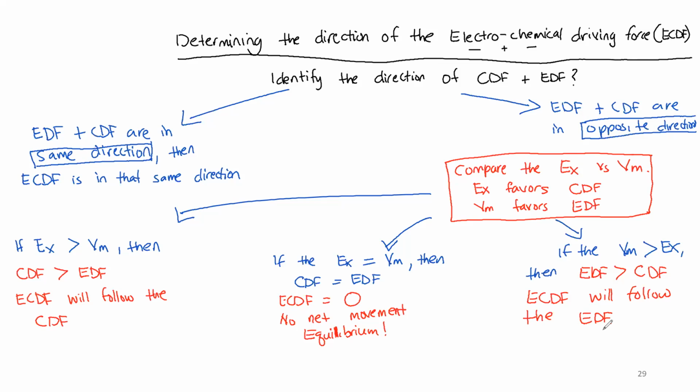And so this is how we can determine, although we've got different forces acting on particles, what the net direction, what the net movement of those particles will look like if the forces are in opposite directions. We simply look at the equilibrium potential and the membrane potential, and then deduce the direction of the stronger force from that, okay?